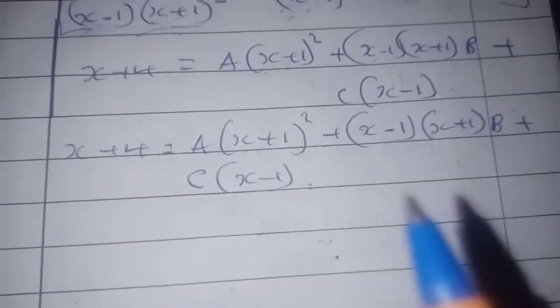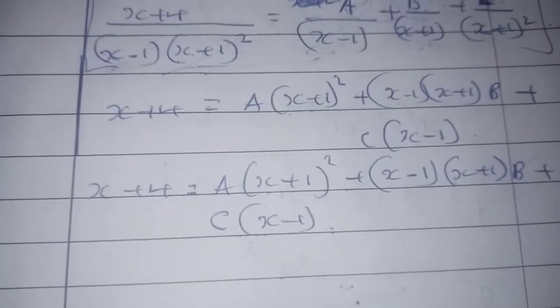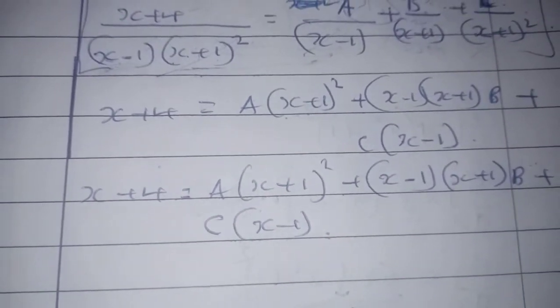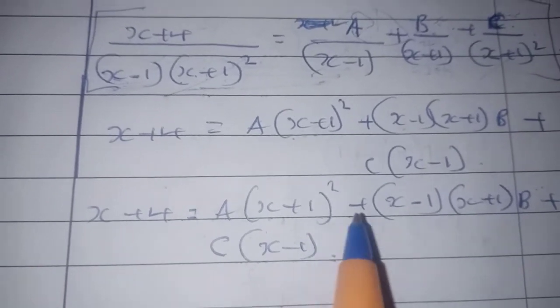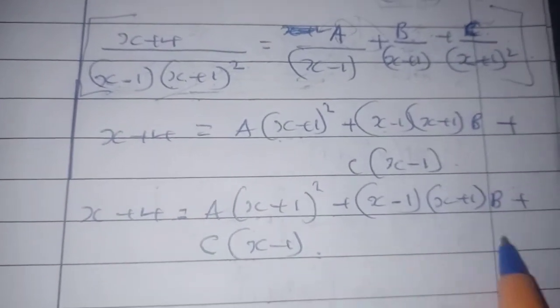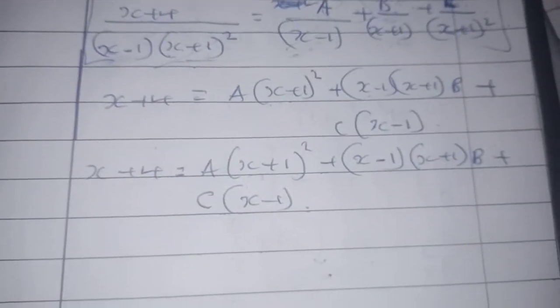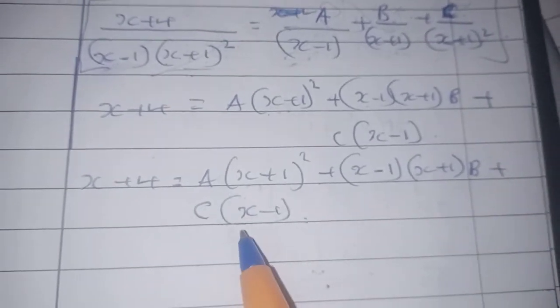So what you have to do here in partial fractions is substitute with a number so that we just remain with a, and the rest of the variables are 0. Which number can we substitute so that b can be 0 and c also can be 0?